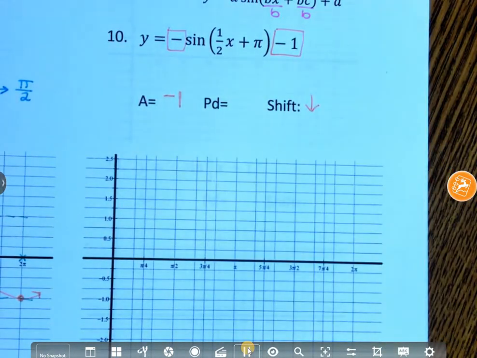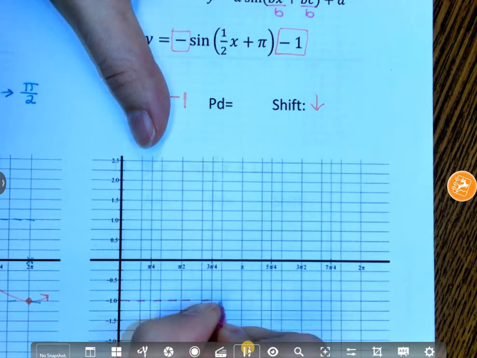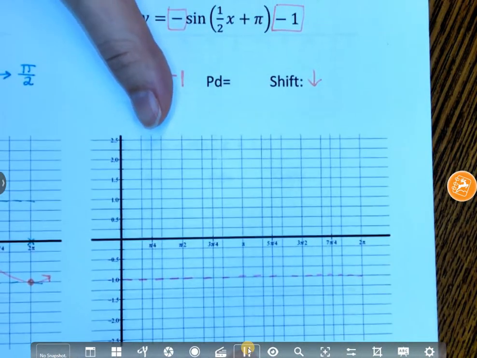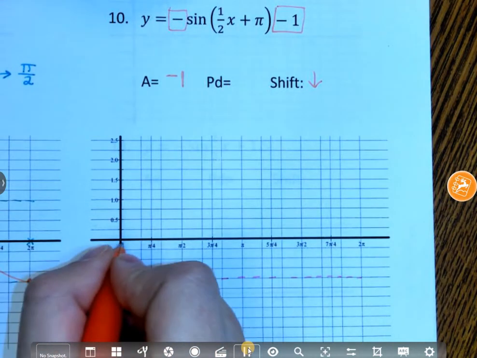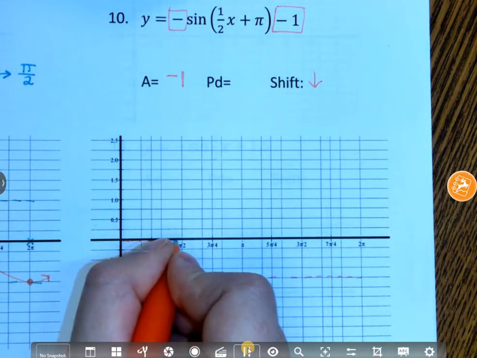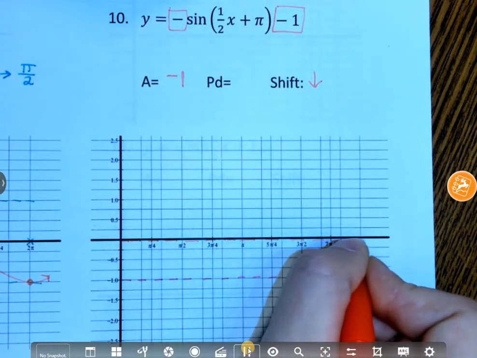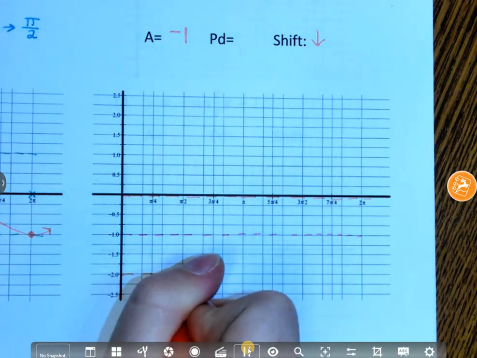That means my middle line is going to start down 1. So that's the middle of my graph. My amplitude goes up 1 and down 1 from there. I'm going to kind of not draw it on the black so you can see it there. And then down 1 is here.